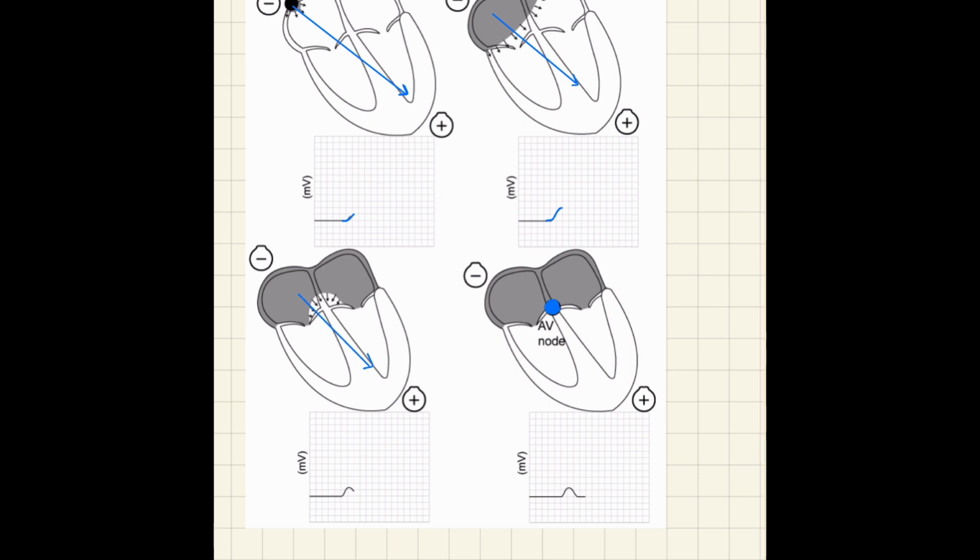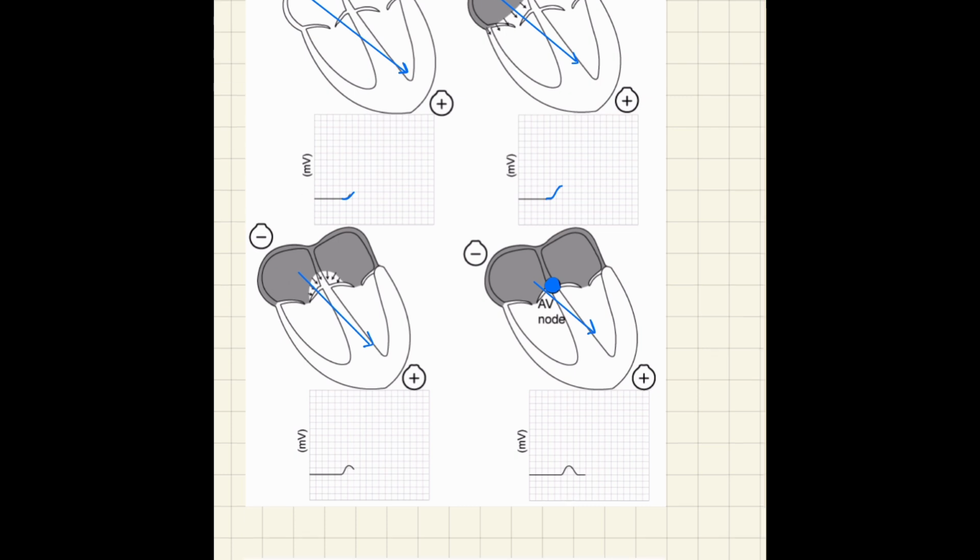So we're still depolarizing. All of this is the same vector point. But in this third image, we have probably about 3/4 depolarized. So we're going back down from the top tip amplitude because our separation of charge is smaller, because we have more negative than positive now.